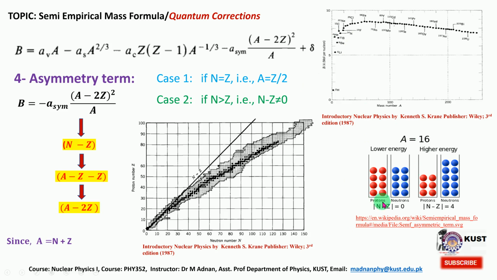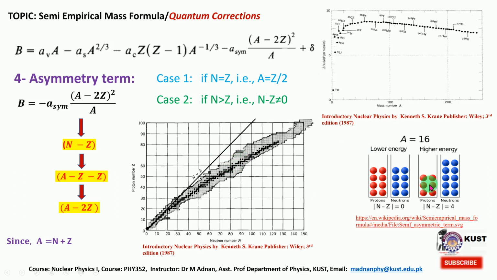So now, as I have explained with this NZ curve, for a system to get a stable configuration and to overcome the Coulombic repulsion, for example, this nucleus needs to convert some of the protons to neutrons so as to have a stable configuration like this. As I have explained, this conversion is pretty much the case within the nucleus.